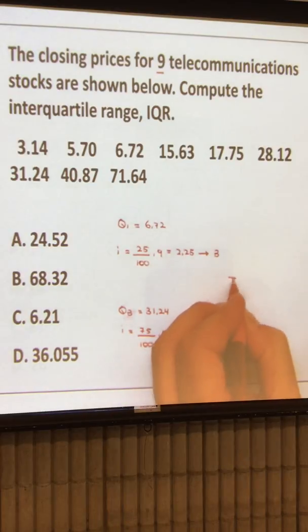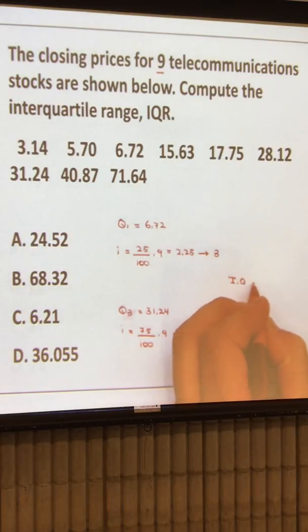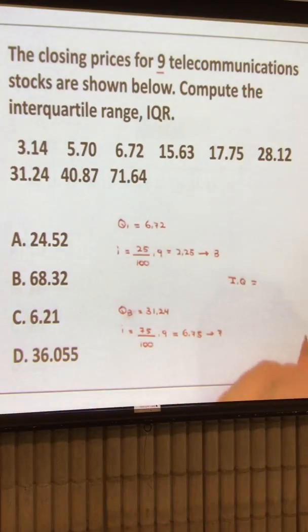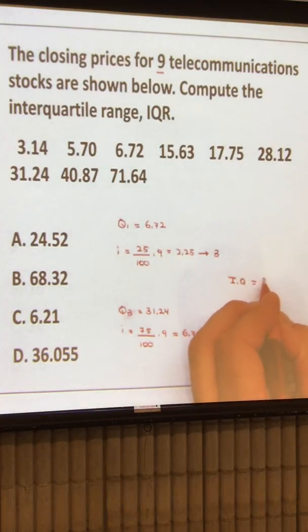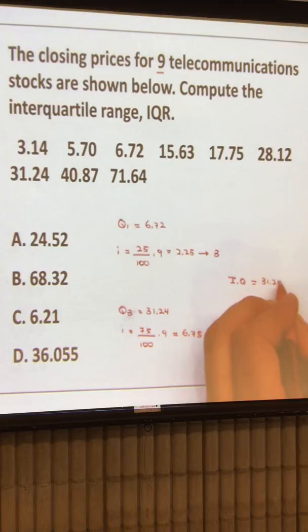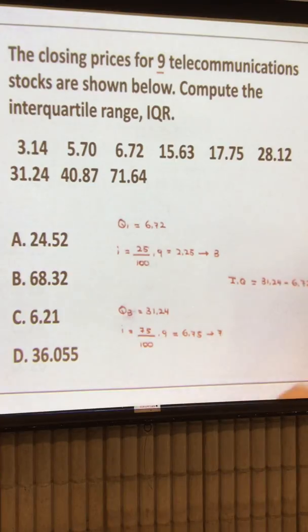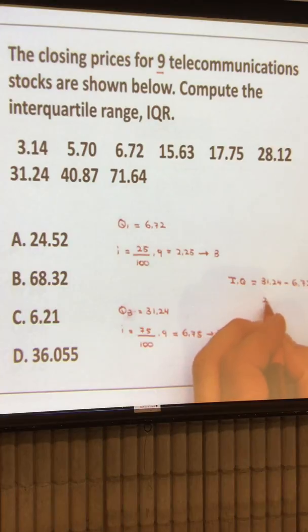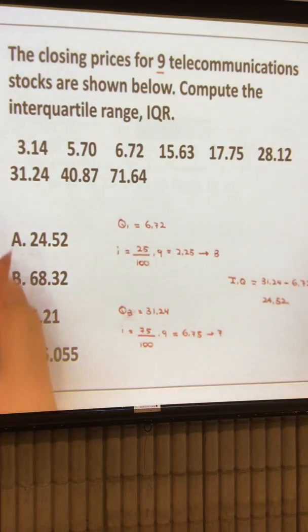So the interquartile range will be the difference between Q3 and Q1. 31.24 minus 6.72, which is going to be equal to 24.52. So the correct one is A.